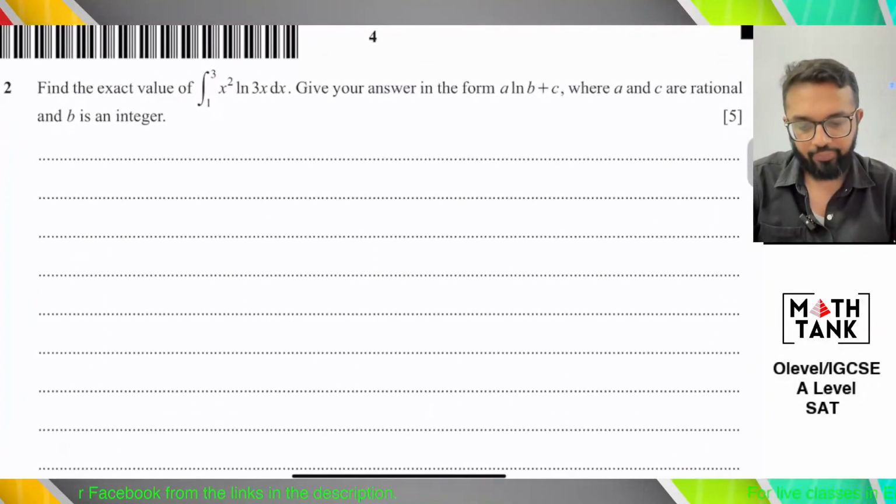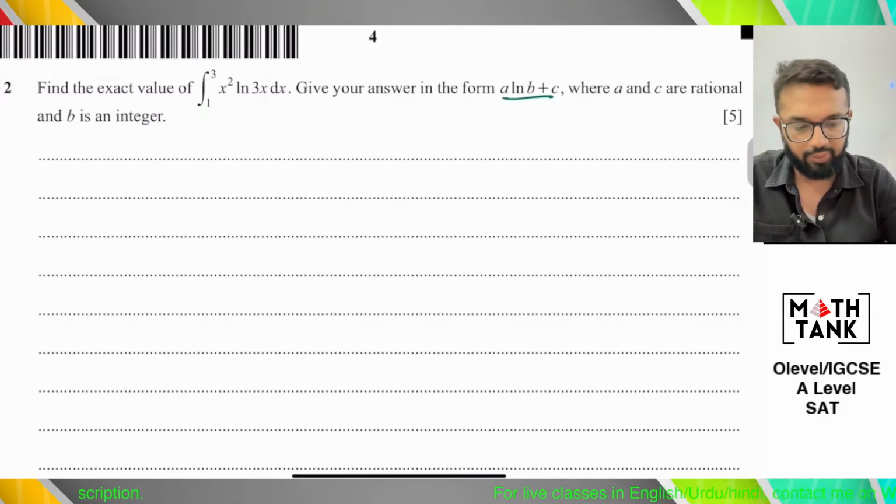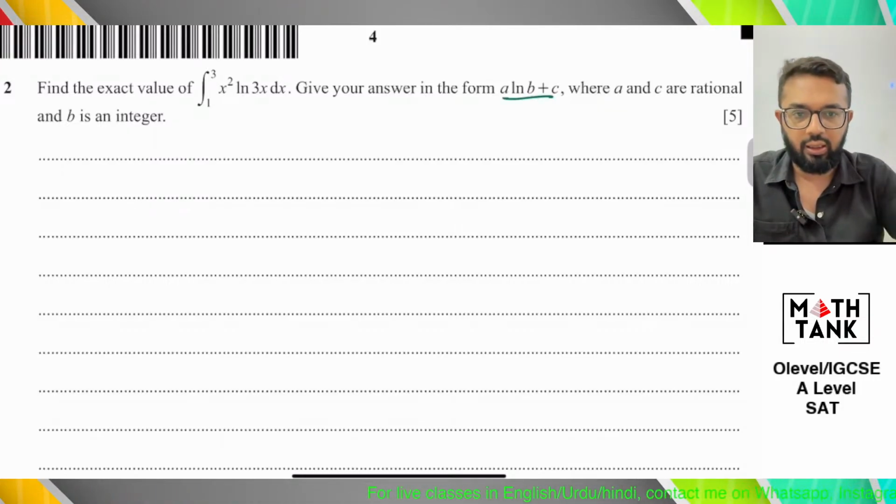Relatively long question. The second question says find the exact value of this integral, giving your answer in the form a ln b plus c, where a, b, and c are rational.